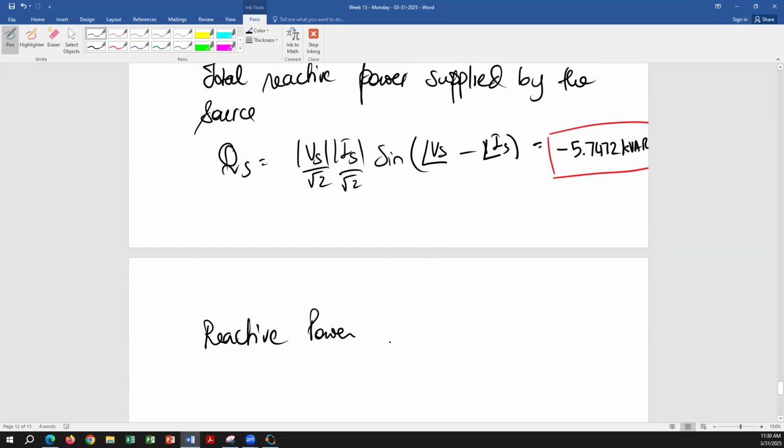Reactive power in XL, let's call it QL, is equal to magnitude of I2 divided by square root of 2, square, times magnitude of XL.